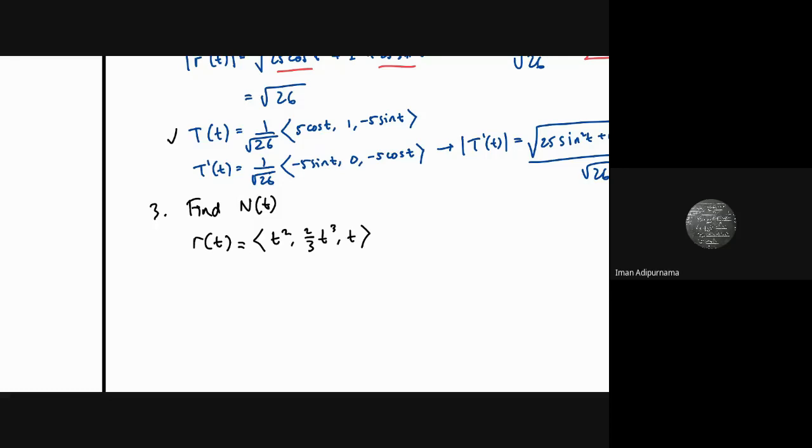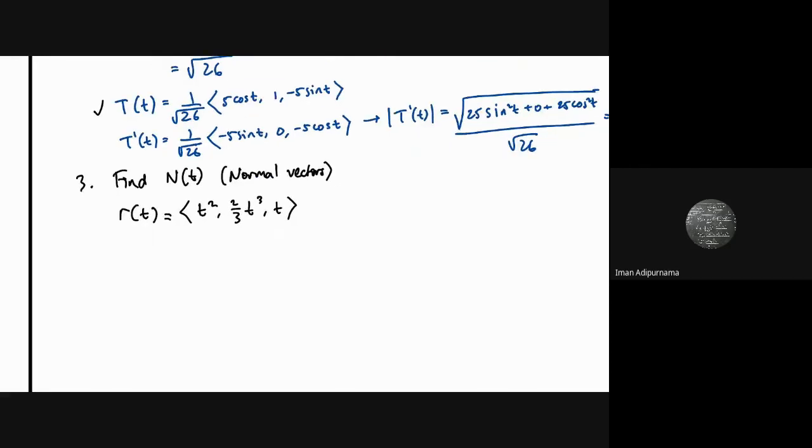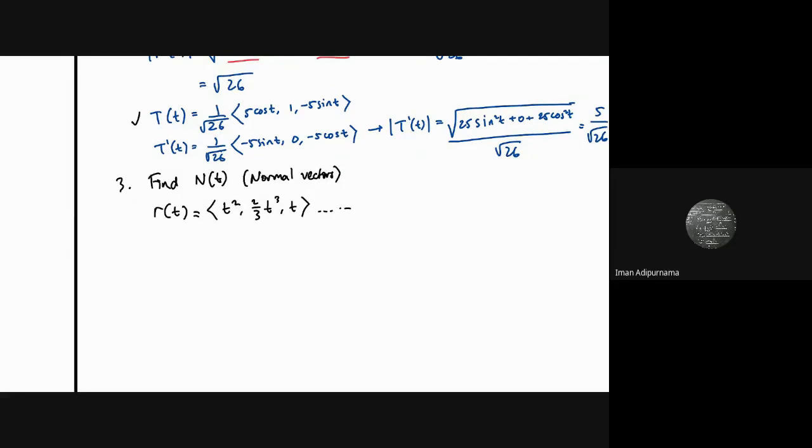Now find the normal vectors. Oh, sorry. Number 3, this should be at the given value. So at the given value of 1, 2 over 3, and 1. Okay, sorry.